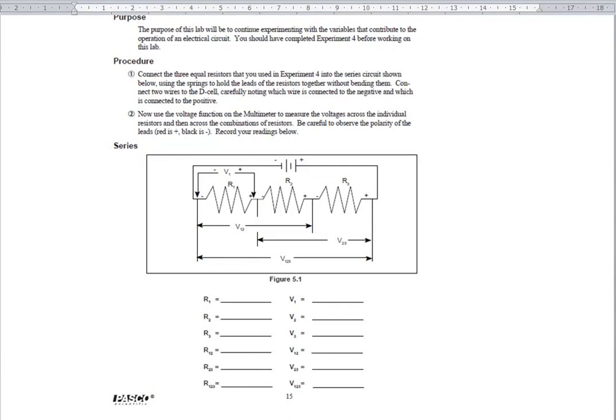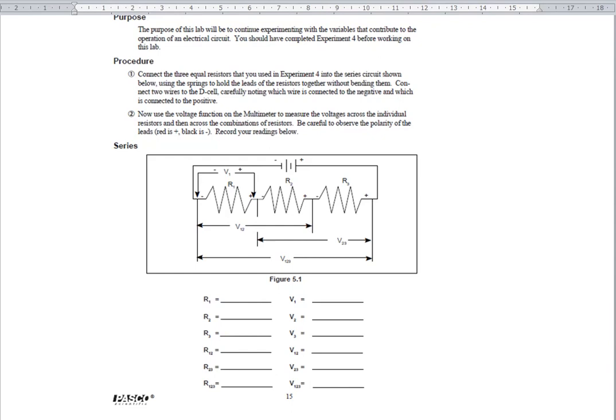In the circuit here, you can see 3 resistors, R1, R2, R3, connected in series along with the battery. This is the battery. Now, this is a very simple circuit. The values of R1, R2, and R3 are given in the first page of this document.